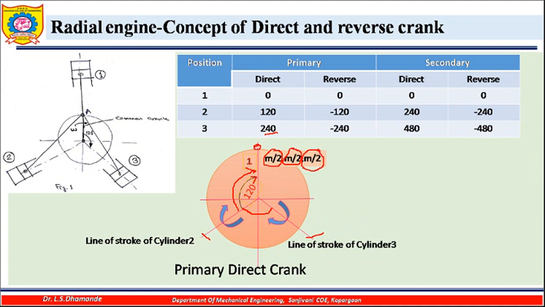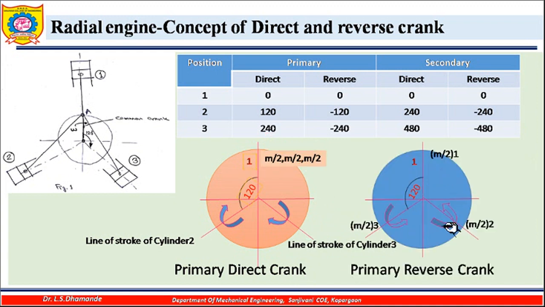Similarly, now we will see how to do it for the reverse crank for the primary forces. These are again the same lines of action of the first, second and third cylinders. Now I will mark the position of these masses according to their cranks. The first crank is at 0 angle, so the first mass, m by 2, will come over here.